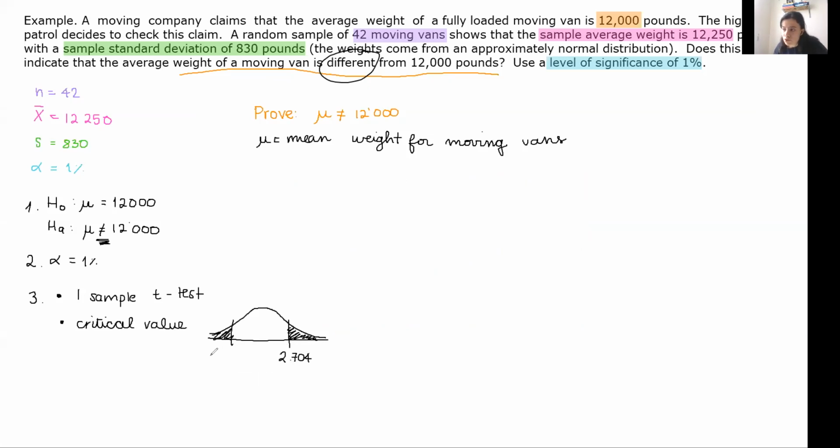But it was a two-tailed test, so I'll also reject if this is minus 2.704. So if I have a value that is either larger than 2.704 or smaller than minus 2.704, then I'll reject my hypothesis. Does everybody understand this? Okay.